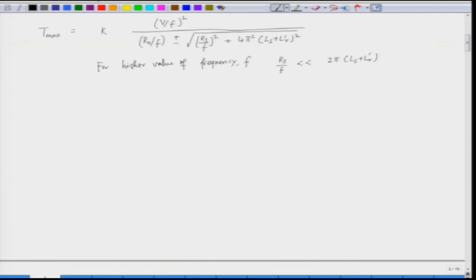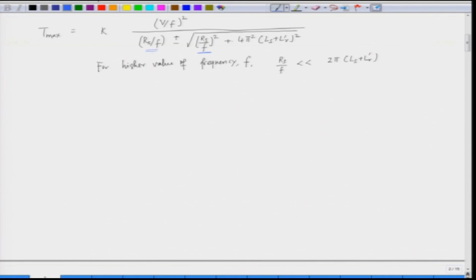F is large, so since we have a large value of f, R s by f is much smaller than 2 pi L s plus L r prime. So, in the denominator we can ignore these terms. We can in fact ignore this term because f is a large value, and resistance is usually small because of the copper winding. We can also ignore this part.